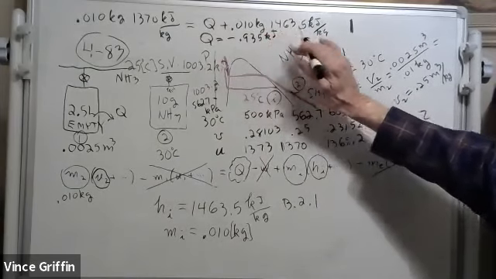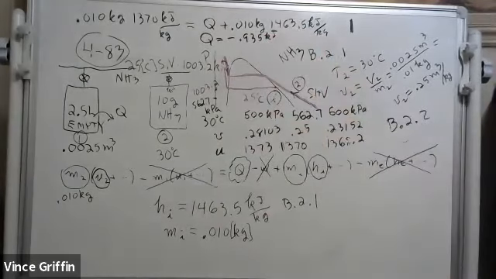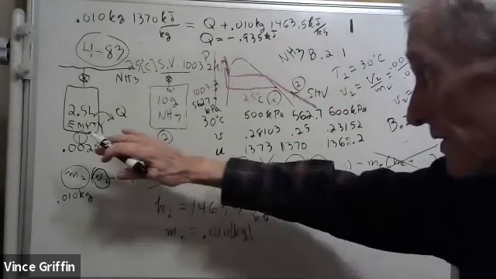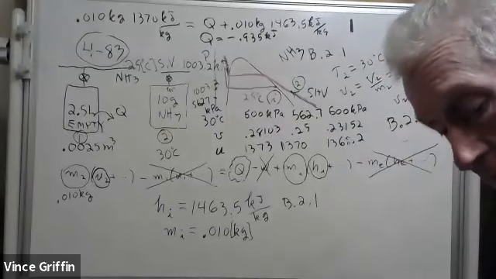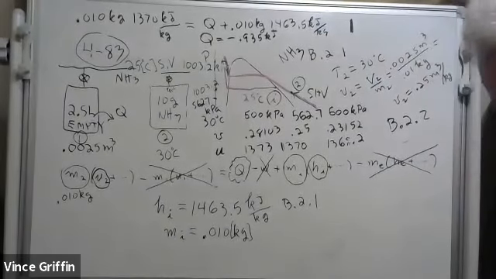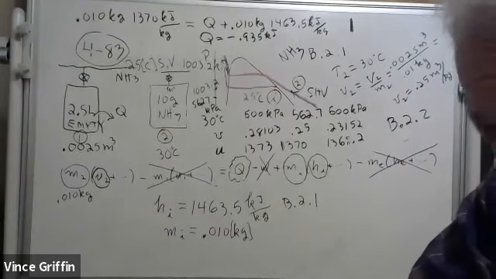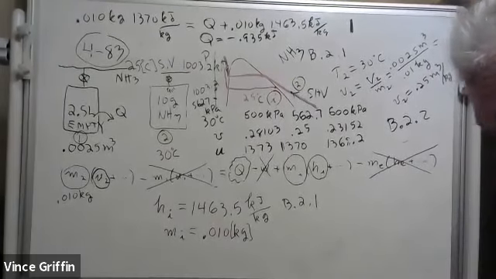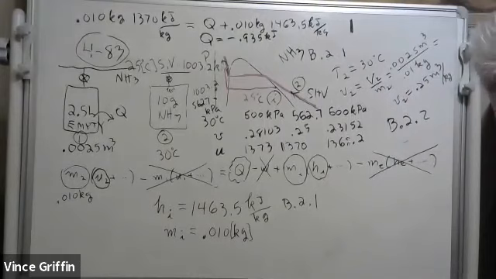It's just kilojoules, because see, the kilograms cancel. It's negative 0.935 kilojoules of heat transfer out for our process. Well, we did a transient problem.